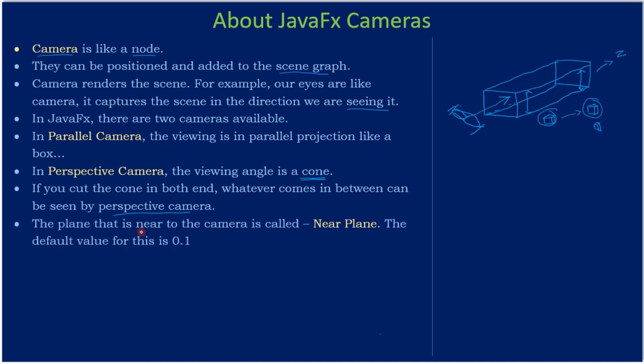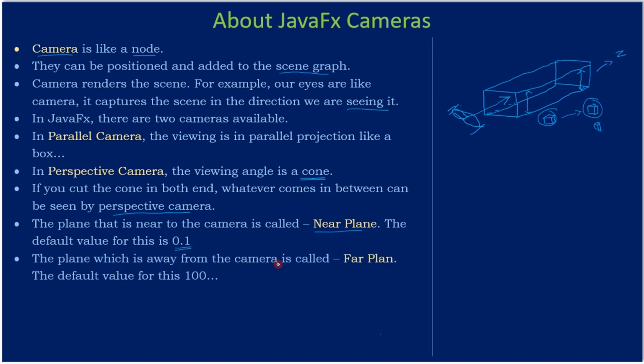The plane that is near to the camera is called near plane. The default value for this one is 0.1. So we can call this as a near clipping plane. The plane which is away from the camera is called far plane.